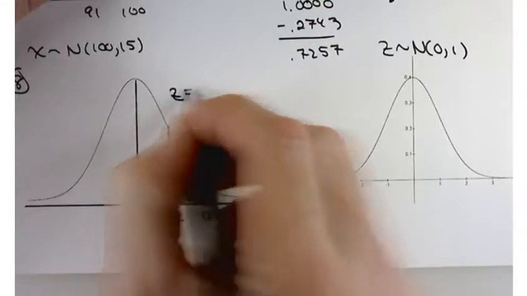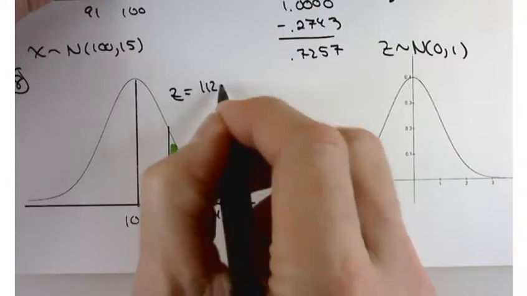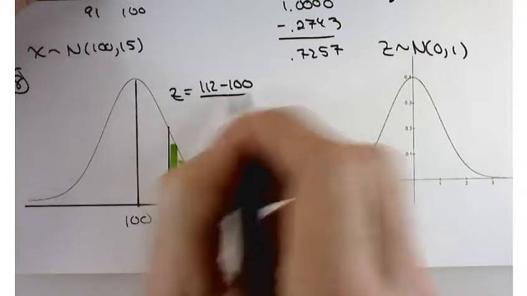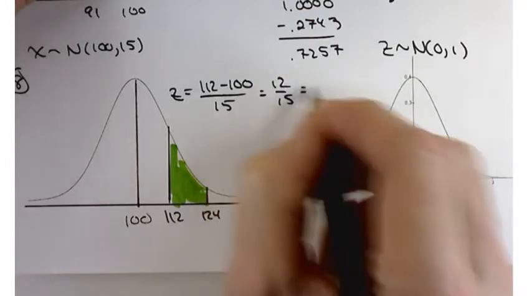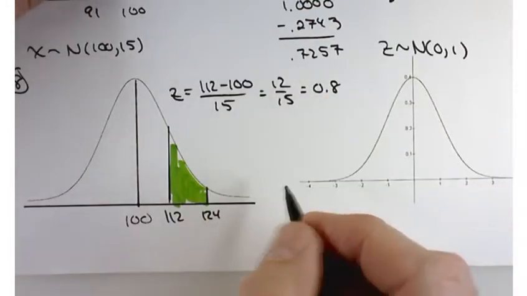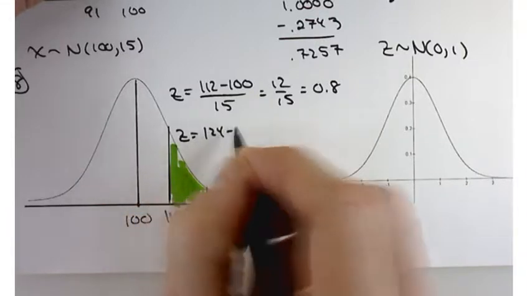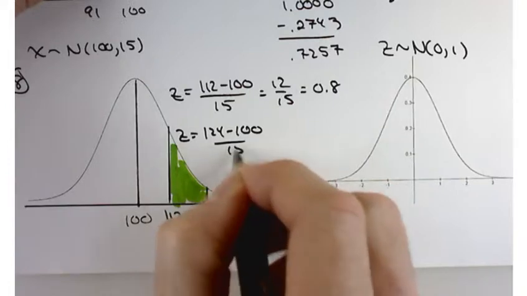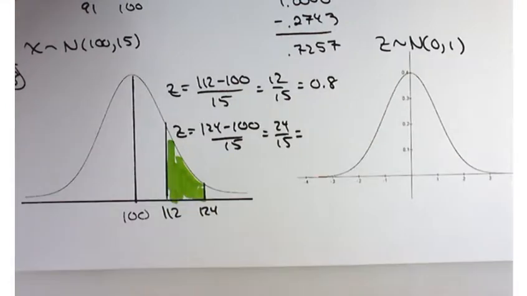So z equals x, which in this case is 112, minus mu, 100, divided by 15. So 12 over 15 is 0.8. And then the next one, 124 minus 100 divided by 15 is going to be 24 over 15, which is 1.6.